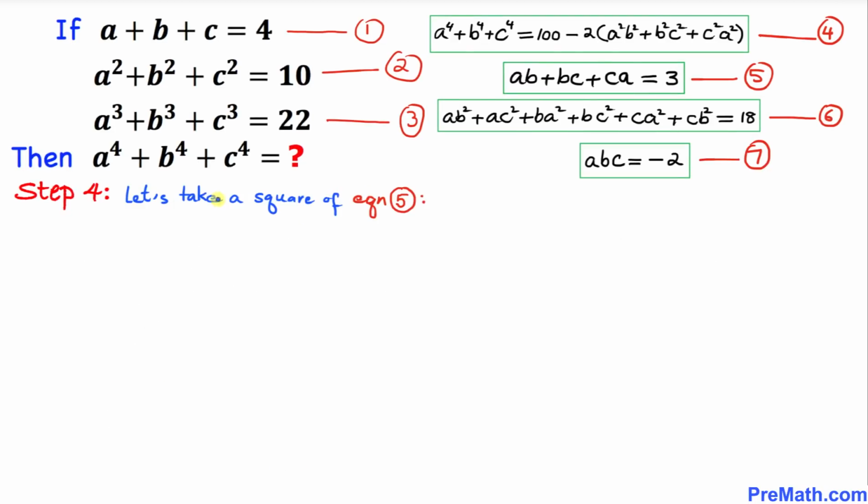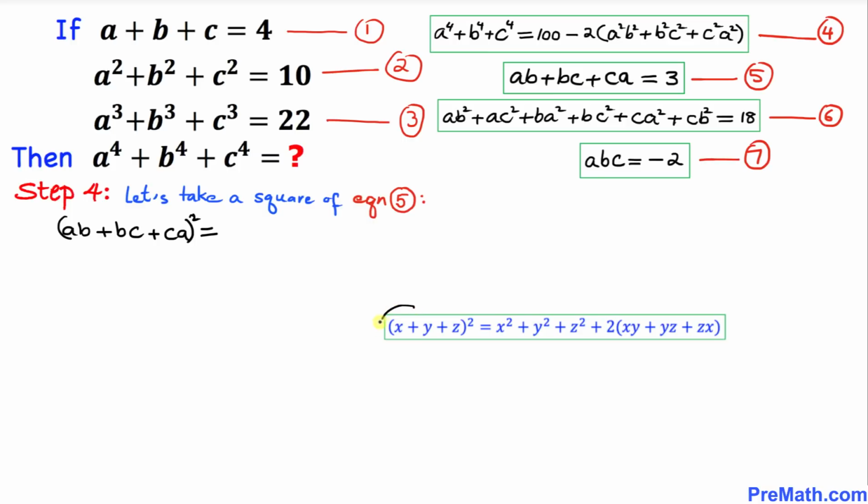And here's our next step. We are almost done. Let's take a square of this equation 5 over here. And here I have copied down the left hand side of equation number 5. Let's take the square, and by the way, we will be using this formula once again, this one, x plus y plus z square.